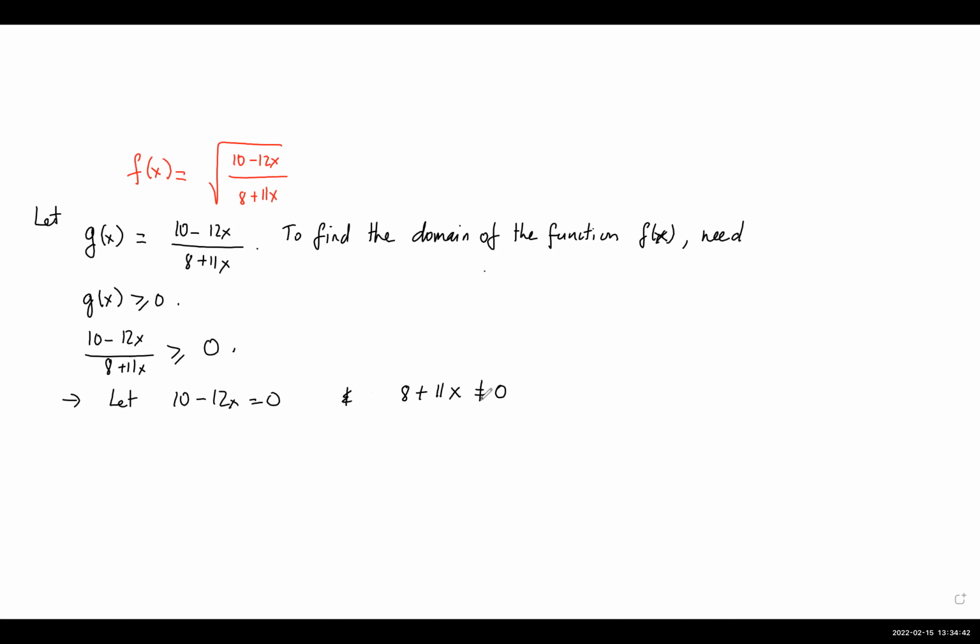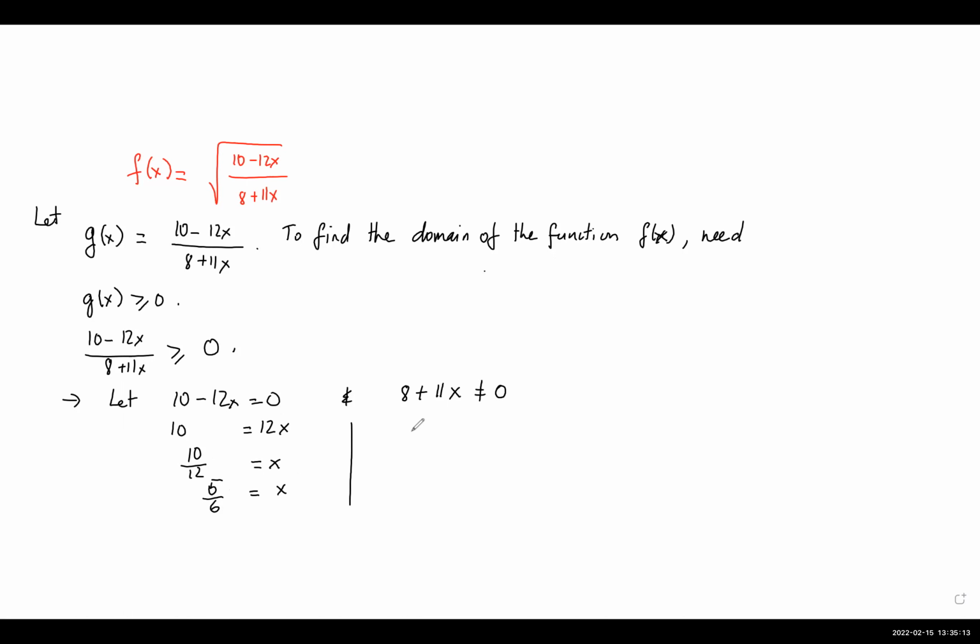Now we can solve these two separately. The first one, we can add 12x to both sides. Then we solve for x. It gives us x equal 10 over 12, which can reduce to x equal 5/6.